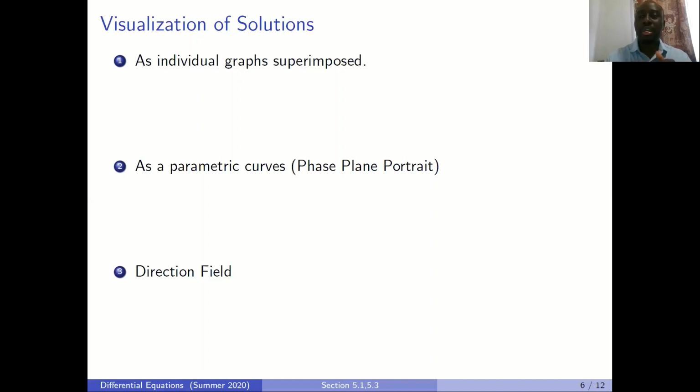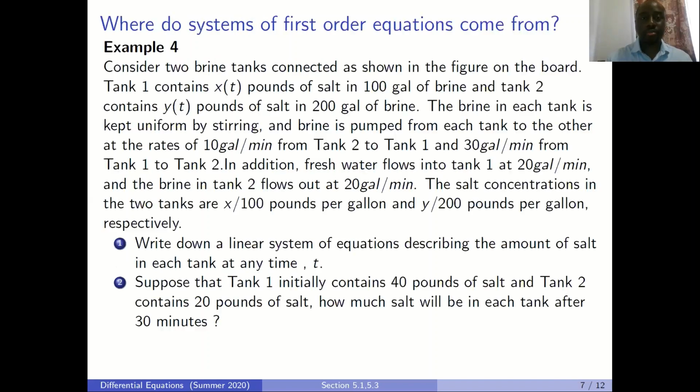We know, for example, a second order linear equation comes from a spring mass system. We know first order equations come from population growth, or monitoring temperature, or exponential decay, right? And so where do systems of first order equations come from? Next question.